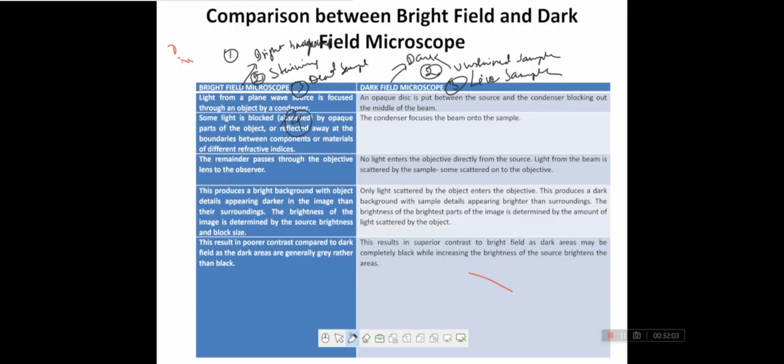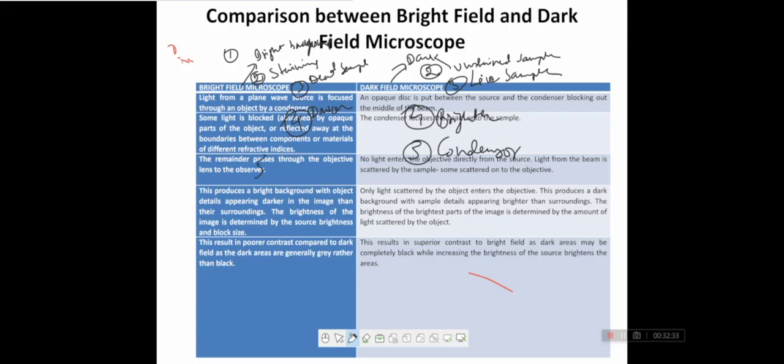Fourth difference: in bright field the object we see is darker, and in dark field the object we see is brighter in color, right? So these are the simple differences. In dark field, the functioning of the condenser produces the dark background.